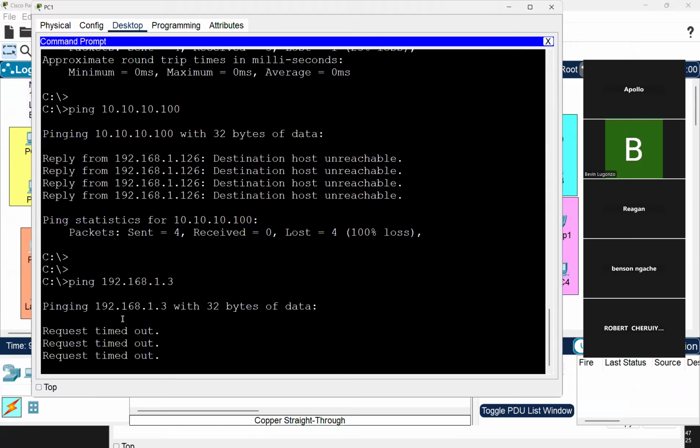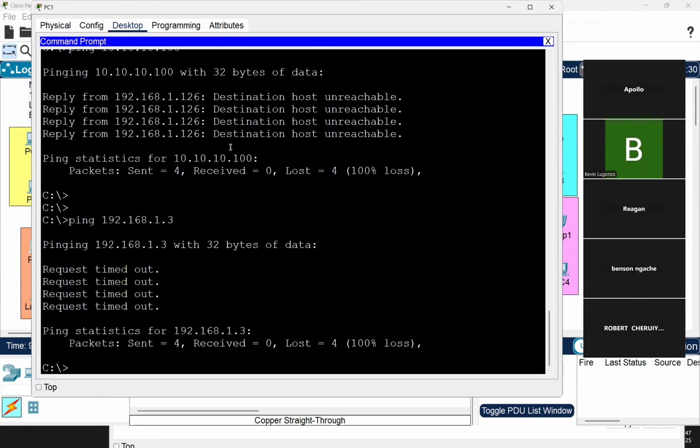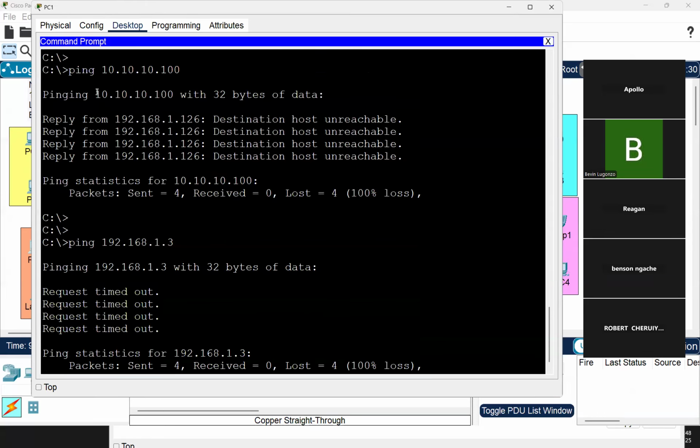Now, this is where your question is: why are all these ones getting timed out and not destination host unreachable? Yes. Now, here's the explanation. For this ping here, the PC looks at this destination and sees that it is outside its network, so it sends it to the router.